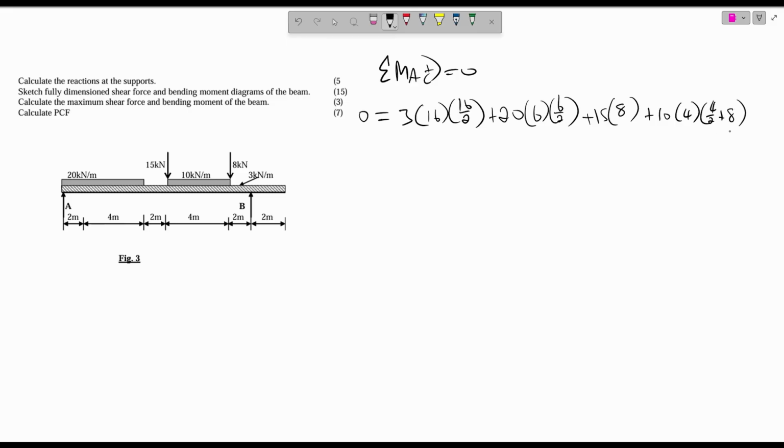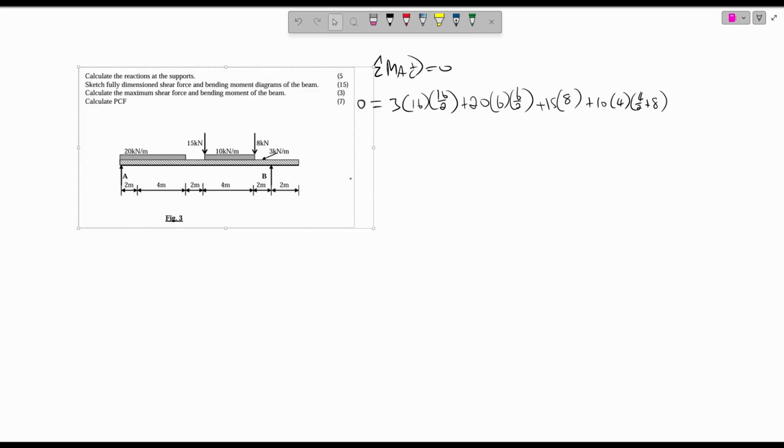Then we have the 8 kilonewton, which is multiplied again. The 8 kilonewton is also clockwise. 8 times 12, which will be 14. 12 plus 12 times 12.